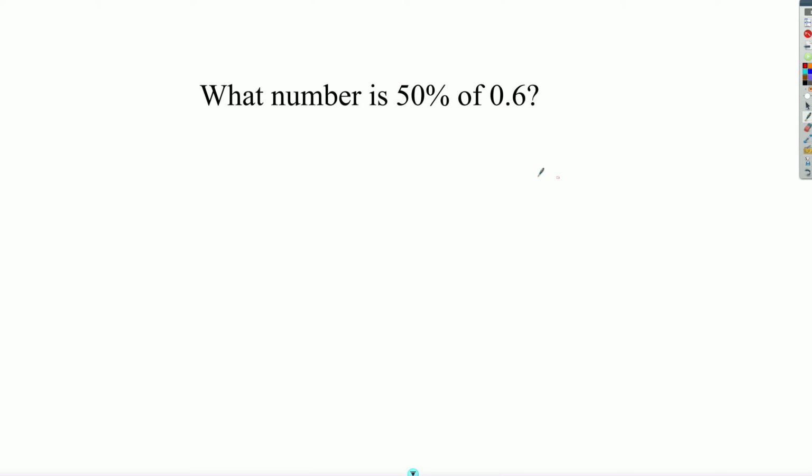We'll do a couple more here. What number, so maybe this time I'm going to call it W, why not? What number is 50%? I'm going to write it as a decimal. 50% of means I'm going to multiply. So I'm going to have of multiply. I could write an X, but I don't like using it.